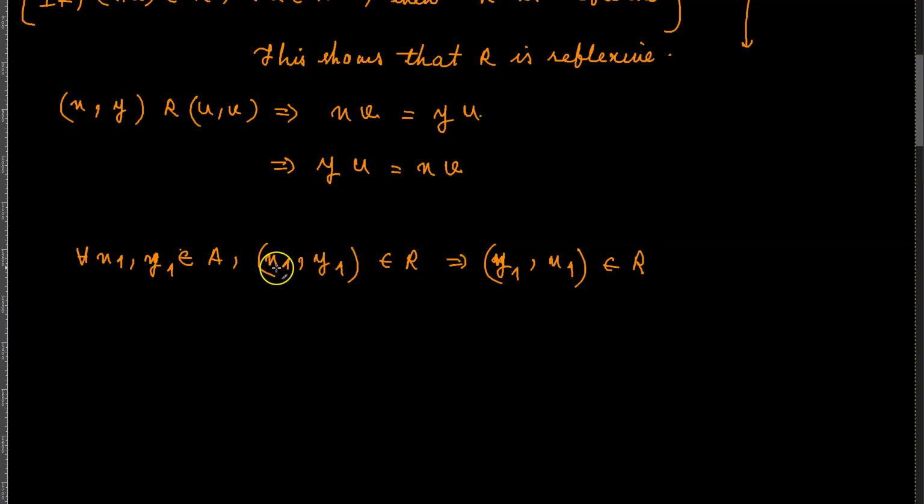Meaning that if x1 is related to y1 under R, then y1 is also related to x1 under R. Here we are saying that x comma y is related to u comma v under R. So technically, to show that R is symmetric, we now need to show the opposite, meaning that u comma v is related to x comma y.